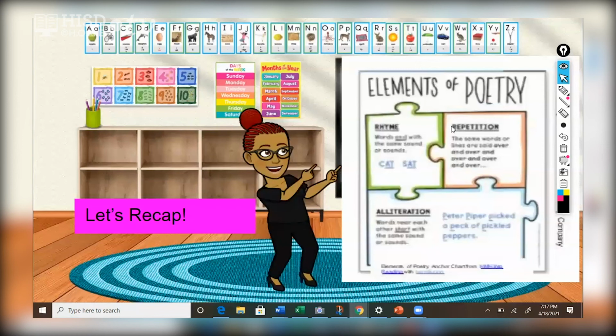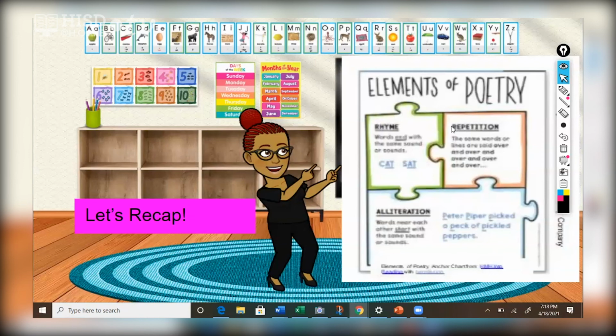We said that there are all different types of poems, and poems are written for different reasons. Sometimes poems are written to share a feeling. Sometimes poems are written to tell a story. Sometimes poems are written to teach you something or give you a lesson.